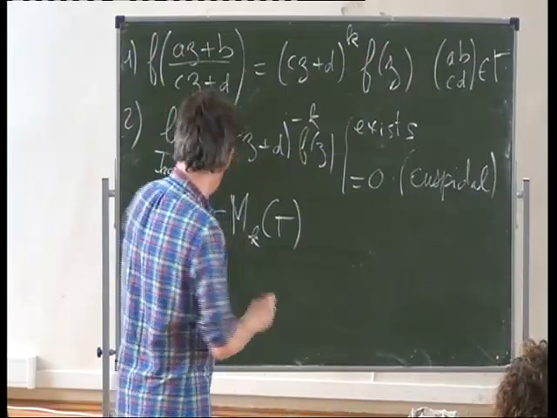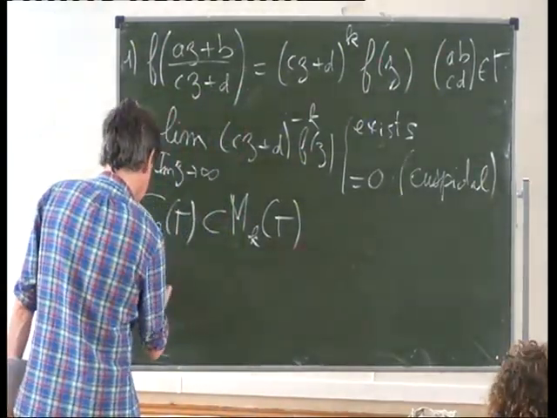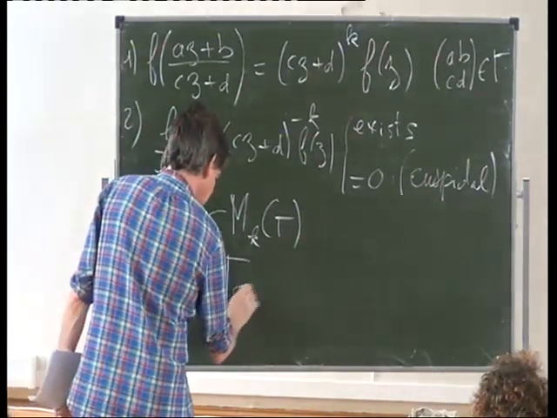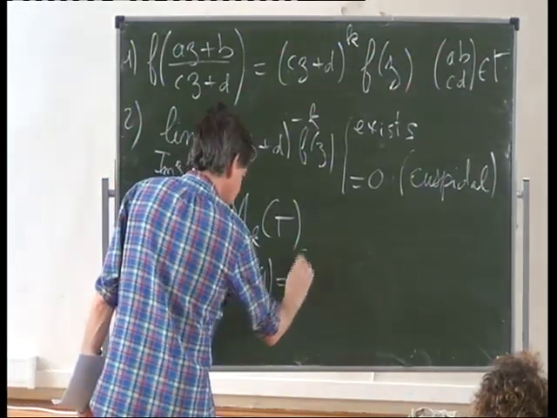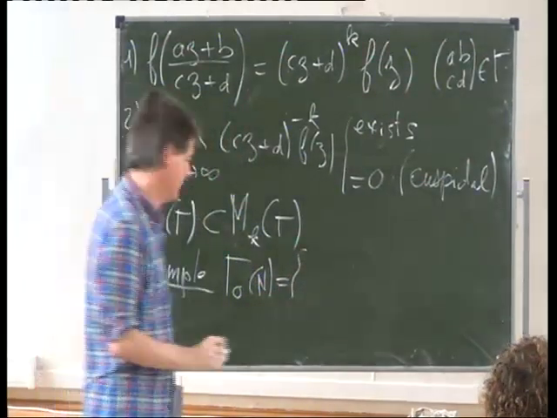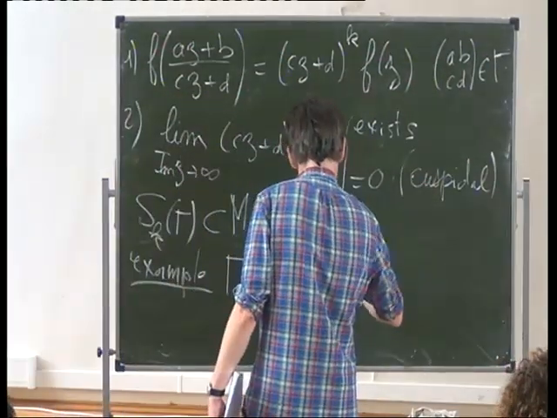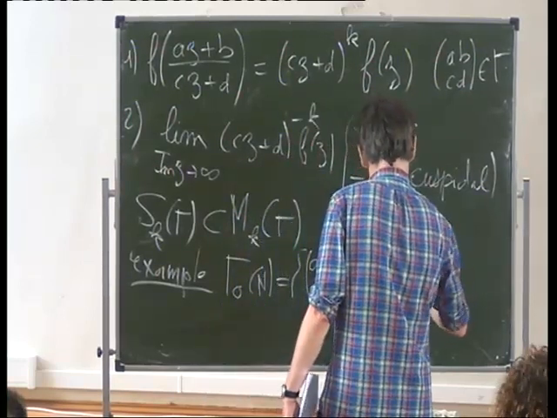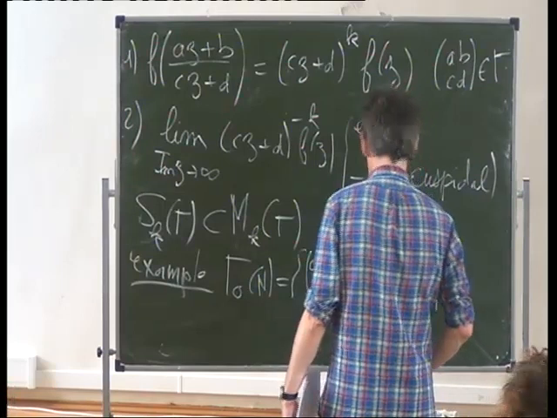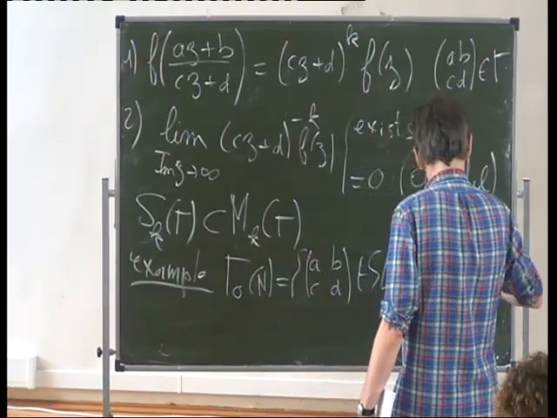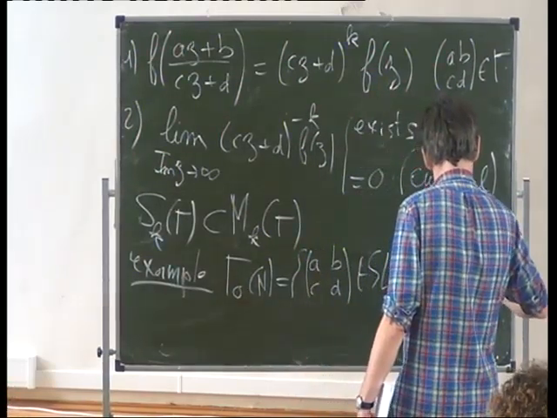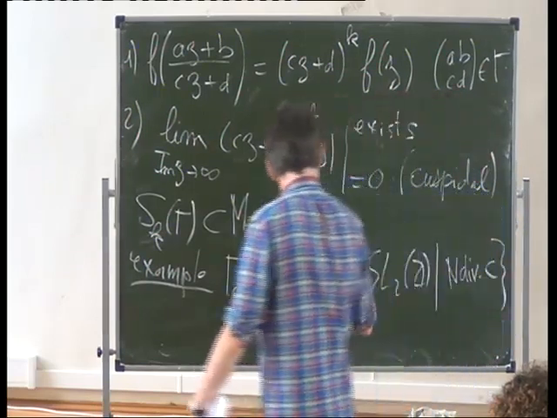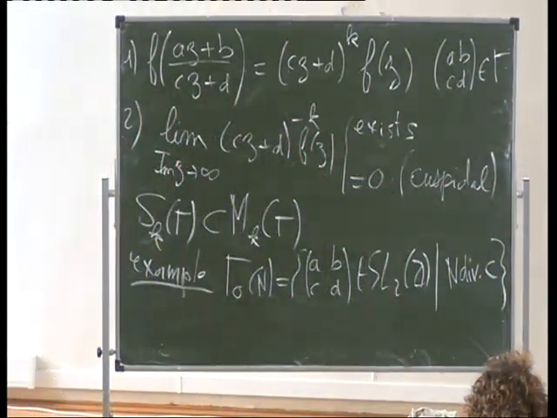I will concentrate on the following example, which is classically denoted gamma_0(N), the matrices in SL2(Z) such that N divides c. So this coefficient is 0 modulo N.